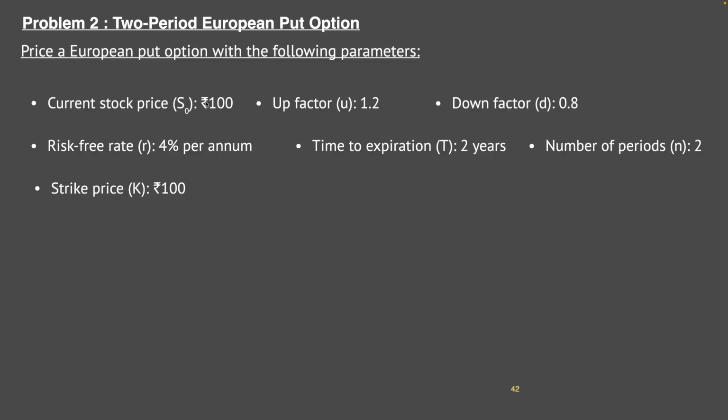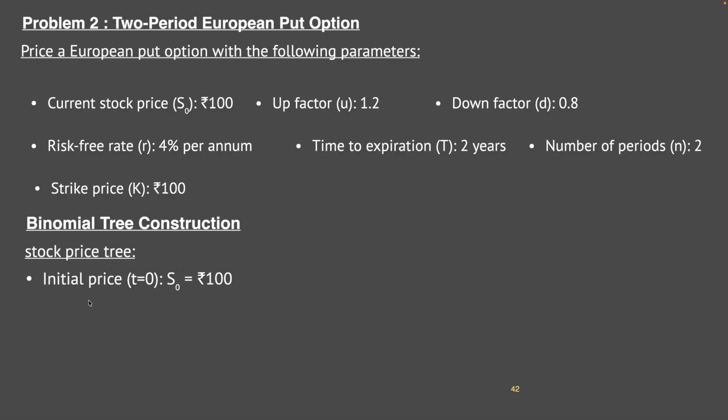And if the current stock price is greater than the strike price, it will be out of the money. And if the current stock price 100 is equal to the strike price 100, then it is an at the money option.